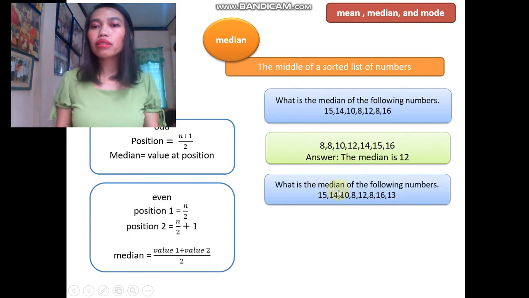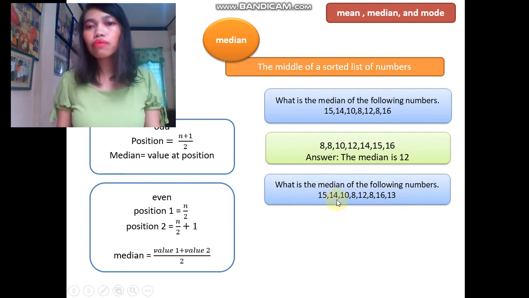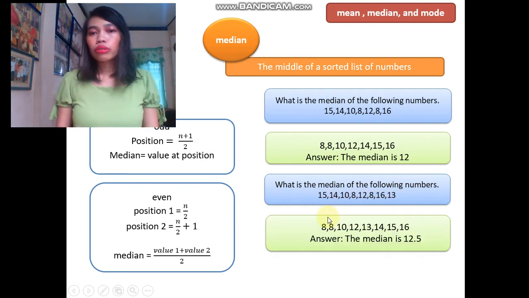Next example. What is the median of the following numbers? 15, 14, 10, 8, 12, 8, 16, 13. So what you're going to do is use this. You have arranged the data in ascending order. So 2, 4, 6, 8. 8 divided by 2, that is 4. So 1, 2, 3, 4.